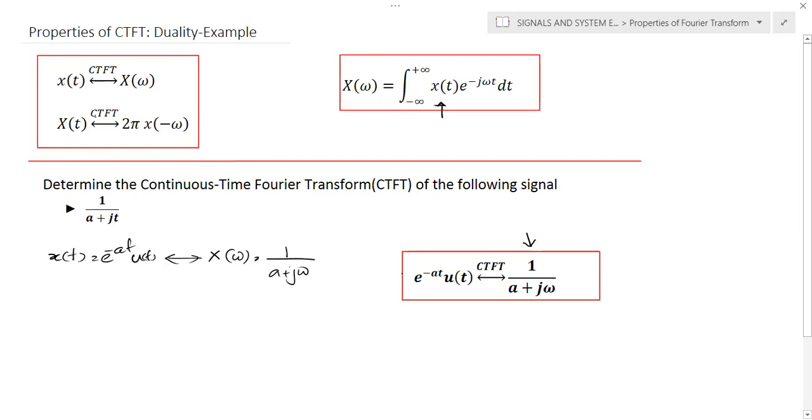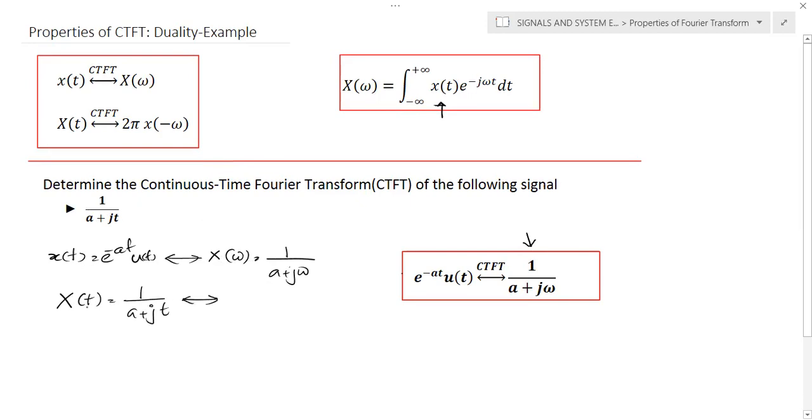Now if you compare these two equations, there is another signal which is 1 by a+jt. We need to find the Fourier transform of this signal, which is capital X of t equal to 1 by a+j into t.